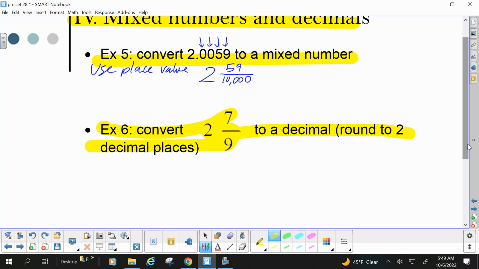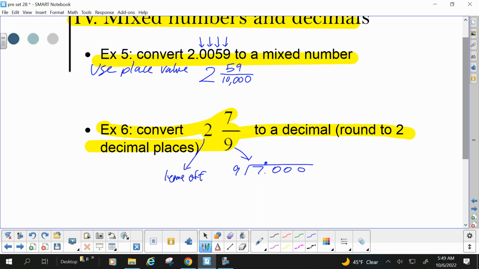All right, now the 2 you can just leave off for a minute, and we'll bring it back. The 7/9, we know we make that a decimal by dividing. If we're going to round it to 2 decimal places, we need to see what the third decimal is. So I'm going to divide it to 3, and then round back to 2.